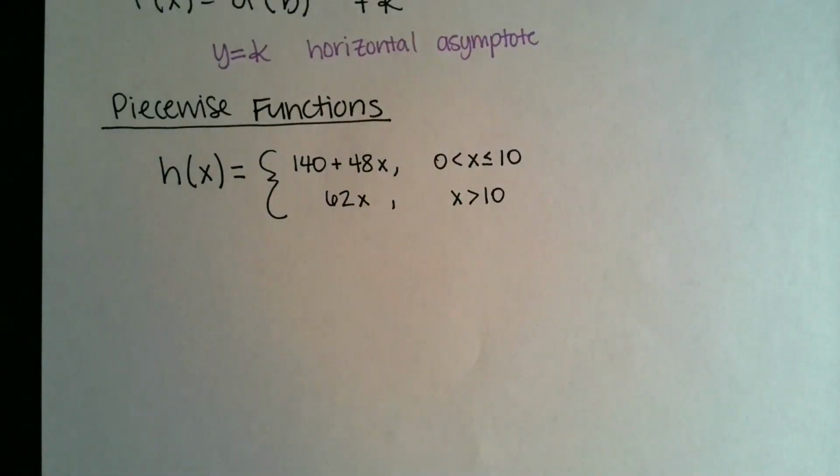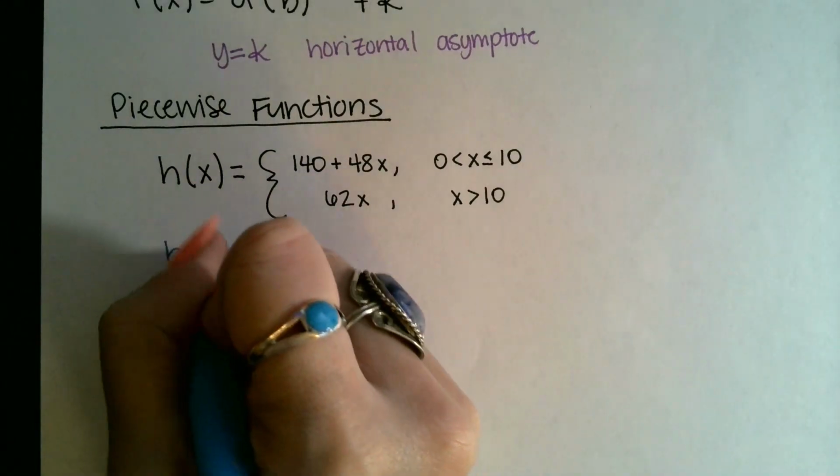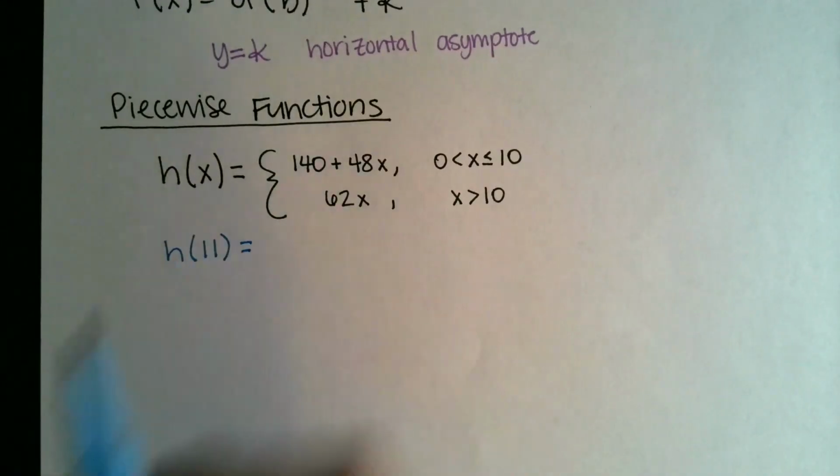There were two pieces to your piecewise function. You were given a word problem to go with it, and then you were asked to evaluate h of 11.